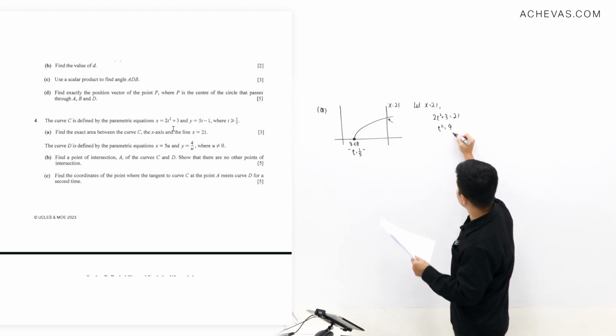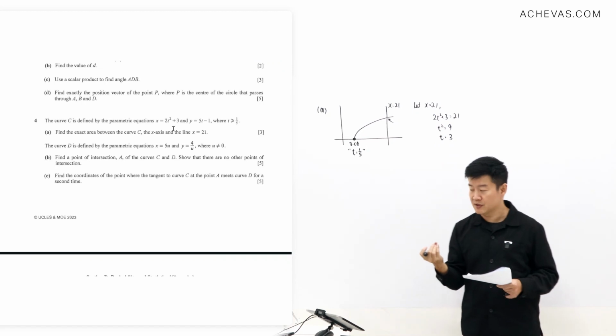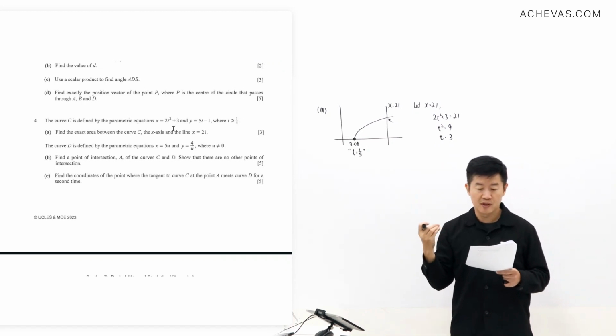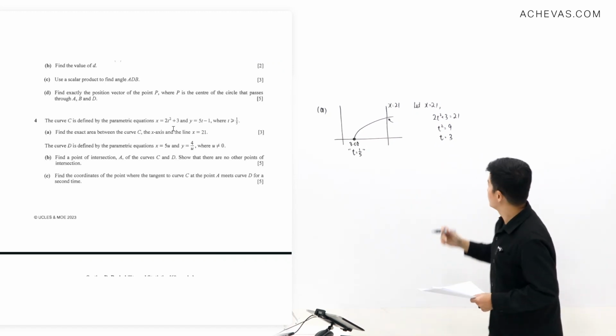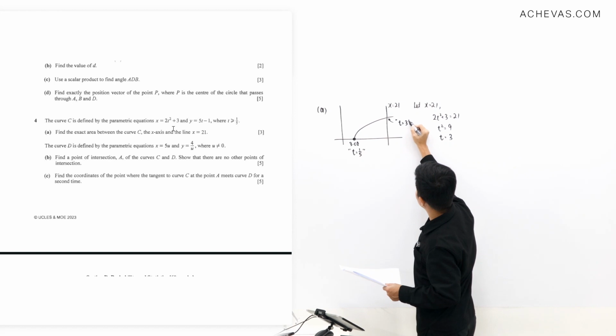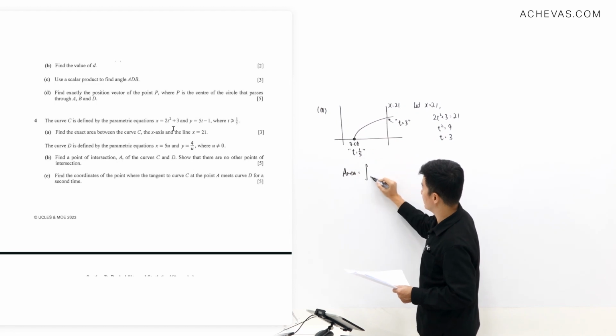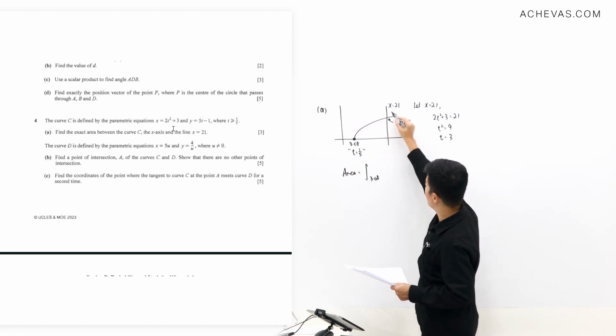T squared is going to be equal to 9. So for t, we are going to be picking 3 instead of -3 because according to the question, t is supposed to be bigger or equal to 1 over 5. So we are picking this, which means that at this point here, we know that t is going to be equal to 3.